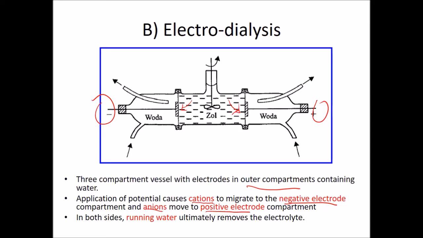Let's say you have cations and anions as impurities. They will be attracted towards the electrodes. On both sides you have running water, water in here, water out here, so you constantly change the water.